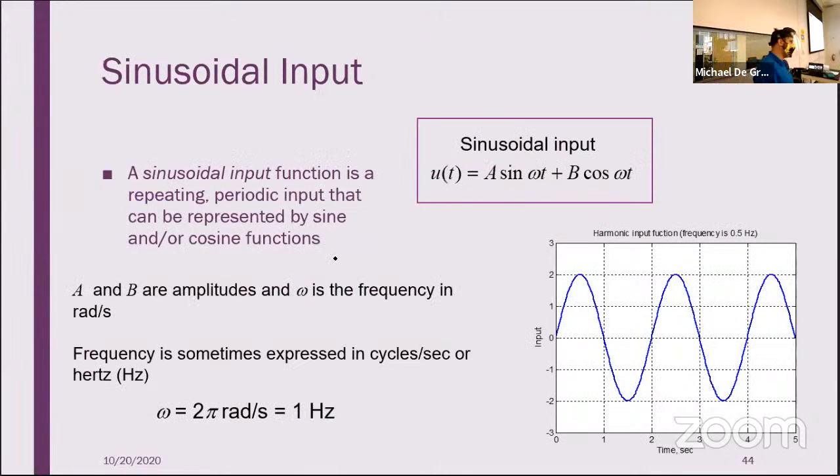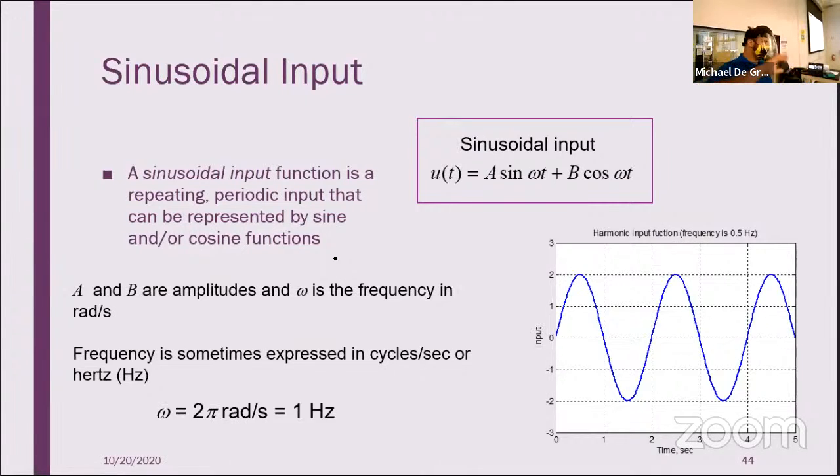And then we have a sine wave, which we will go over ad nauseum, but let's talk about it right now. It's a sinusoidal input function, a repeating periodic input that can be represented by sine and/or cosine functions. So if you see sinusoidal, it doesn't mean just a sine wave. Cosine works just as well. A and B are the amplitudes.